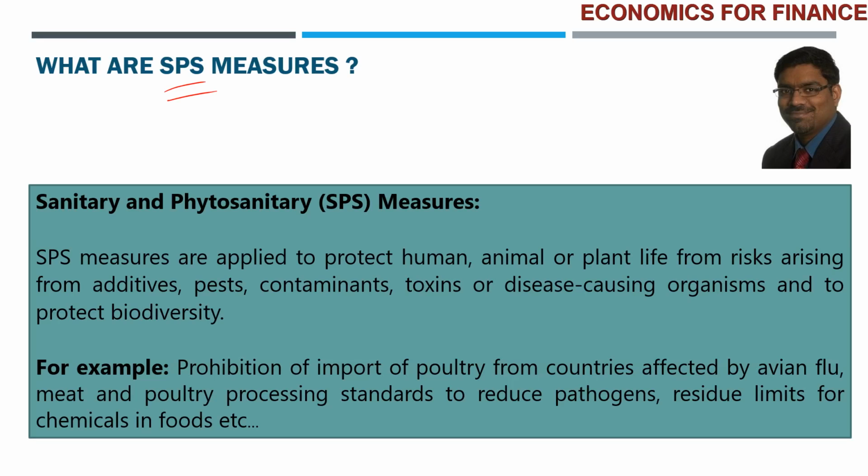What are SPS measures? You have to remember these names. Sanitary and phytosanitary measures, SPS measures. Most of the things we have looked at as examples now are all SPS measures only. These are applied to protect human, animal or plant life of our country from the risks arising from things coming from other countries in the form of additives, pests, contaminants, toxins or disease causing organisms, and to protect biodiversity.